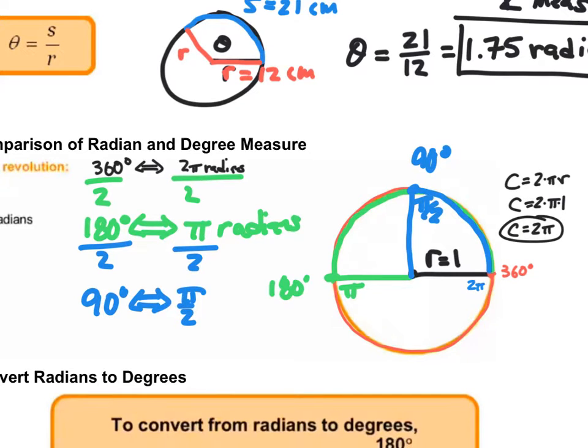Now let's cut that in half again. If I did half of that, that would be 45 degrees. Cutting in half is the same thing as multiplying by 1/2. Then I would get 45 degrees is the same thing as pi over 4 radians.